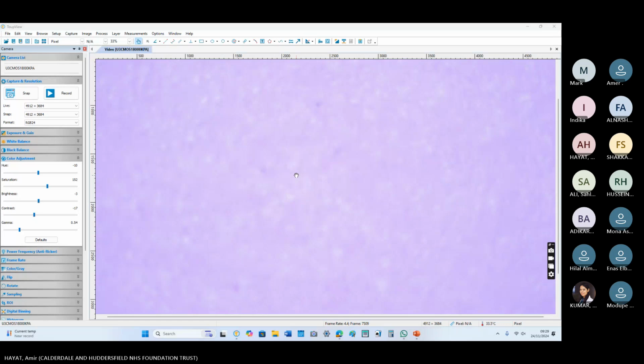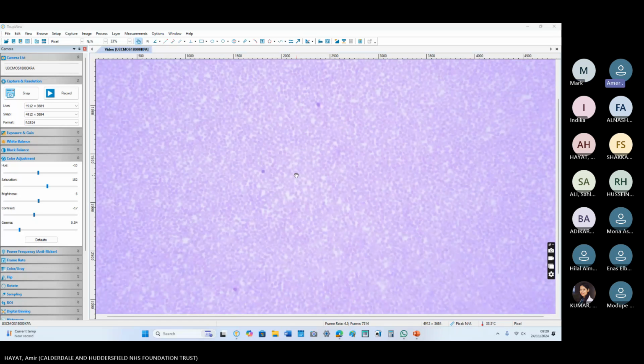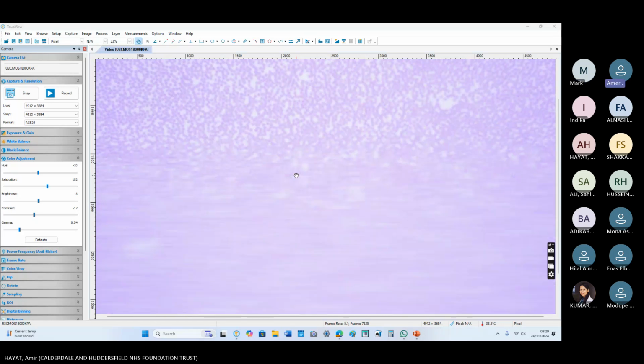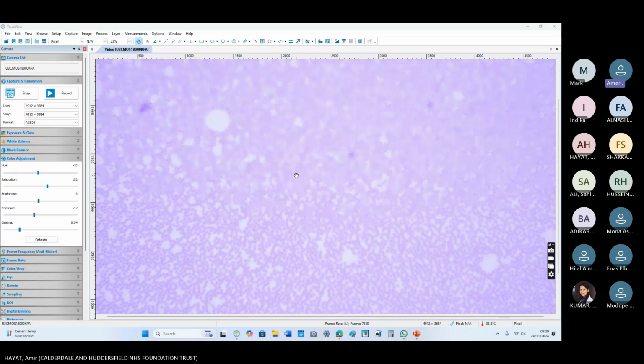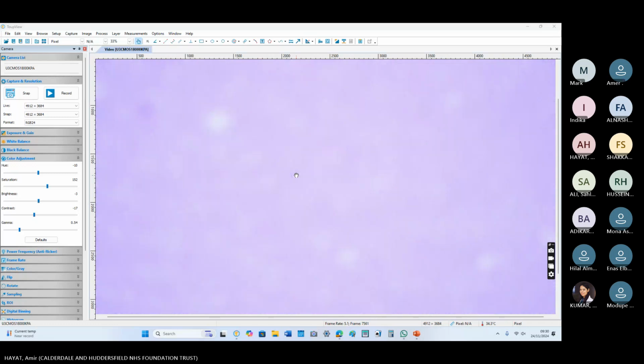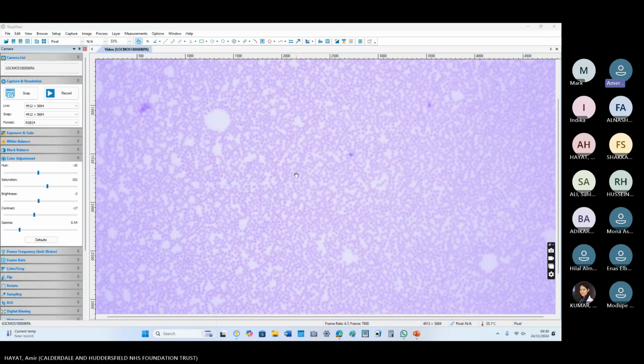So this is a 40-year-old lady with a hemoglobin of 180, and white cell count of 13, platelet count of 380.